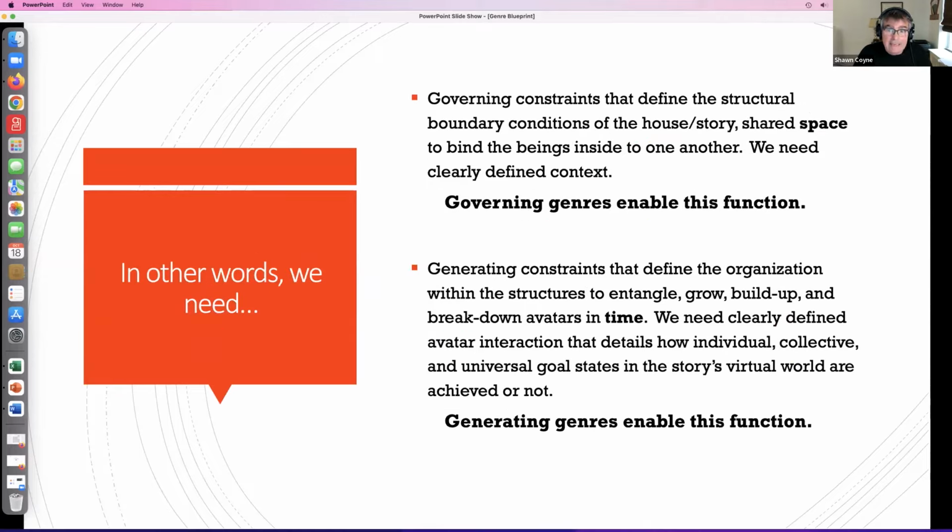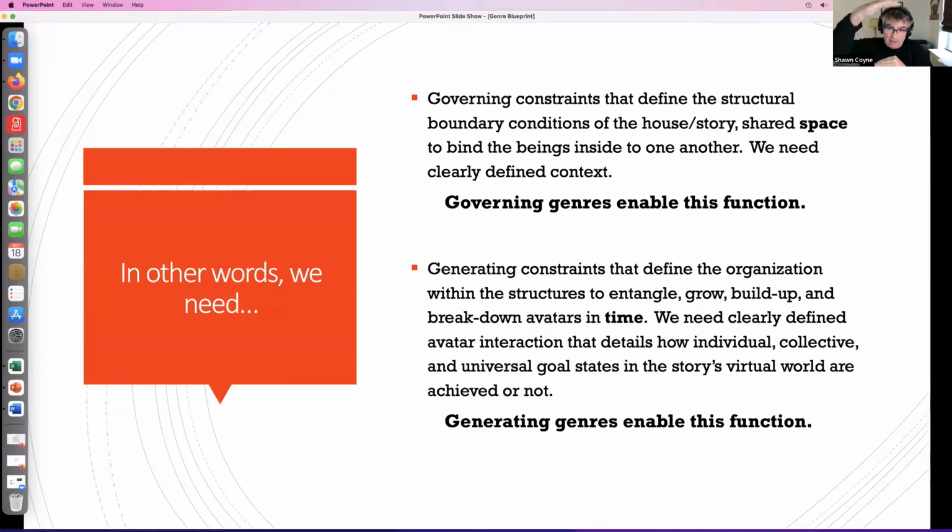Okay, cool. In other words, we need governing genres and generating genres. And you know what a governor function and a generator function does when they are in sync? They create an engine.